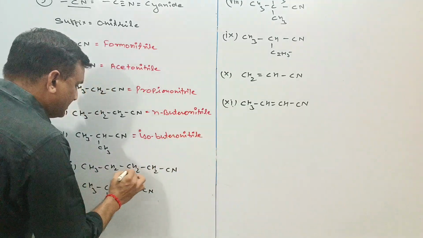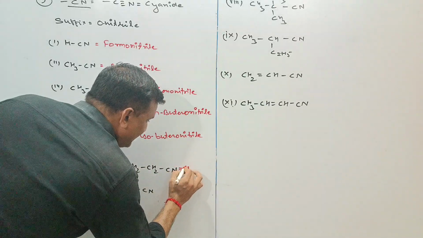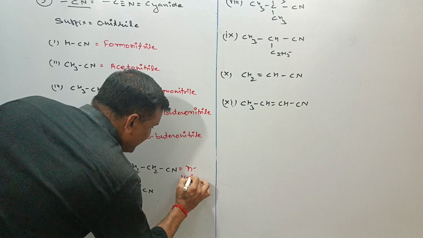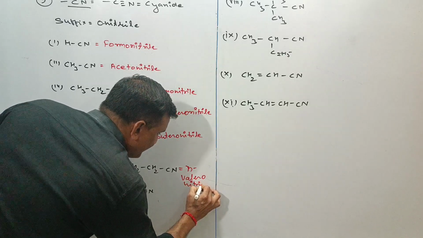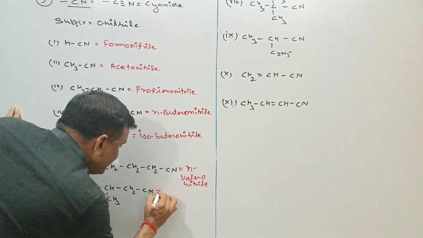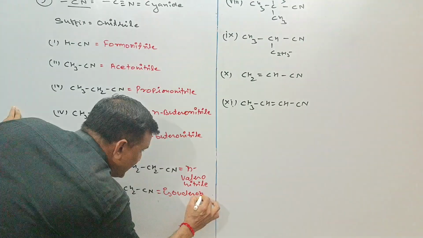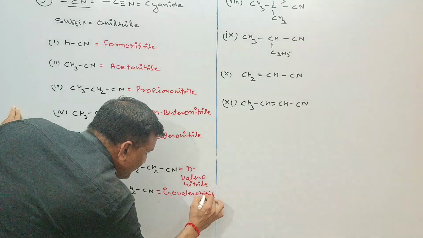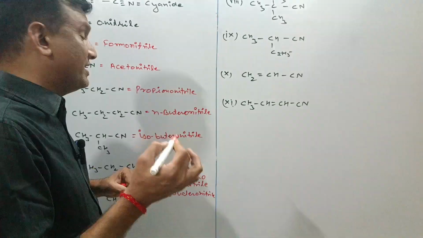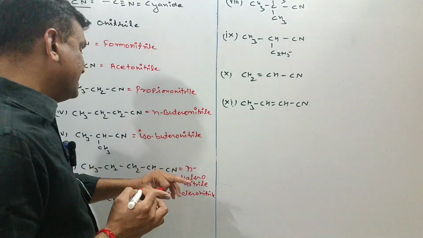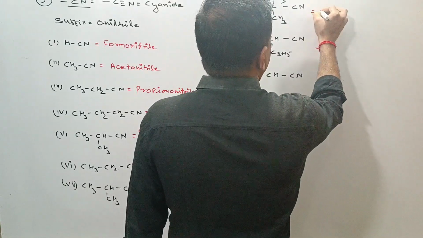If I go further, this is N-valero plus O nitrile, so it will be valeronitrile. This will be isovaleronitrile. It is nitrile, not nitrite, so this will be isovaleronitrile.